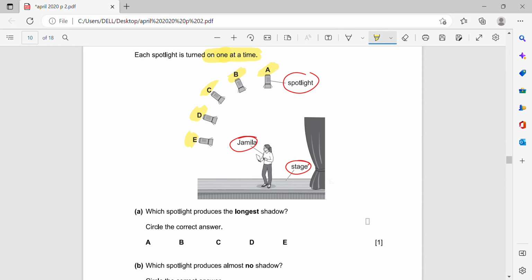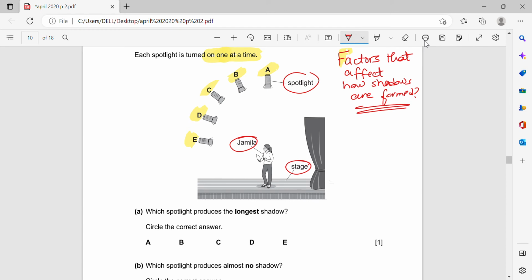قبل ما نجاوب على السؤال ده, we need to review the part regarding the factors that affect how shadows are formed.